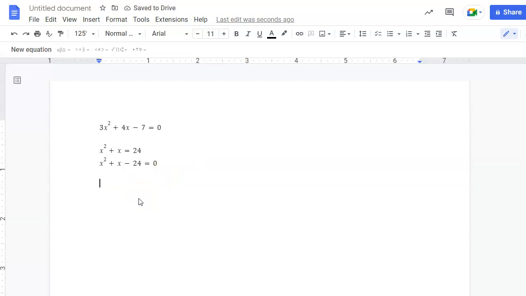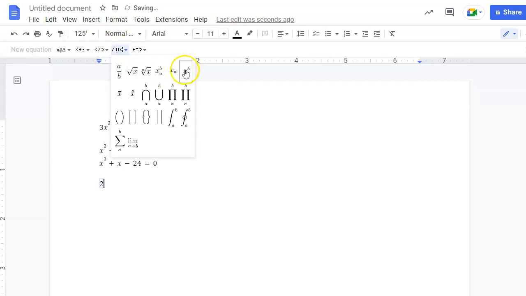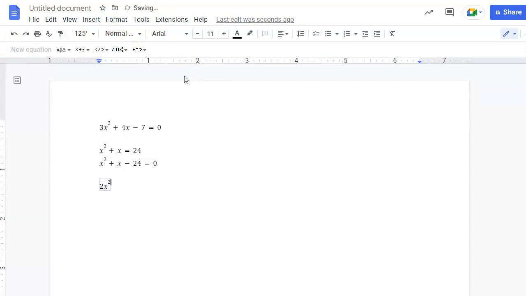If you were to have something such as, let's say we've got a 2x squared plus x minus 15 equals 0. So this one is already set up. What I can do is I can come over here and say, okay, 2 times a negative 15, that's going to equal a negative 30.